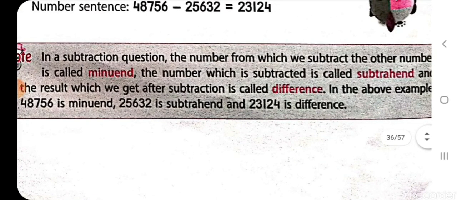You have to keep in mind, especially in subtraction questions, the number from which we subtract the other number is called minuend. That means the bigger number from which we subtract the smaller number is always called minuend, and the number which is subtracted, the smaller number, is called subtrahend.